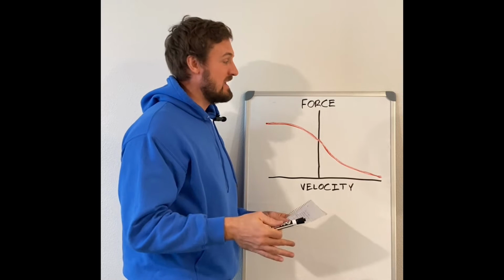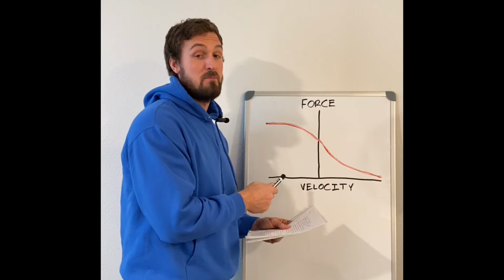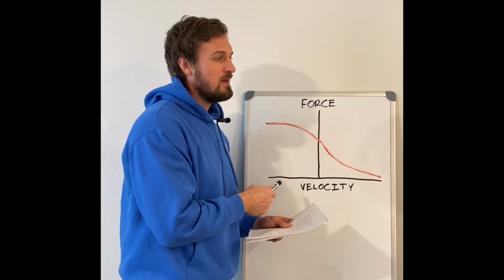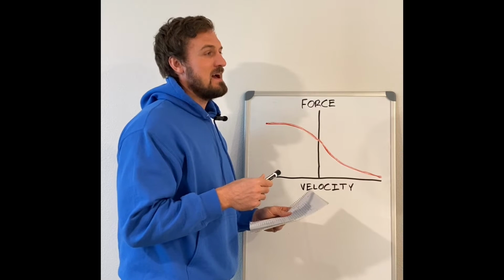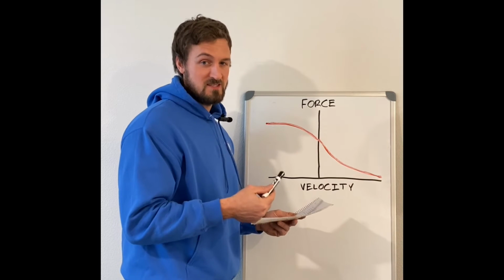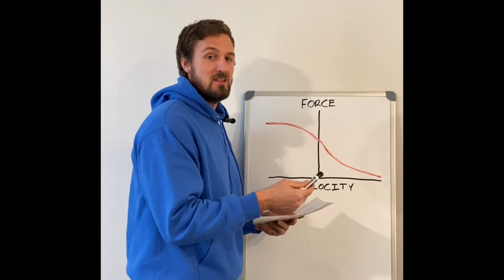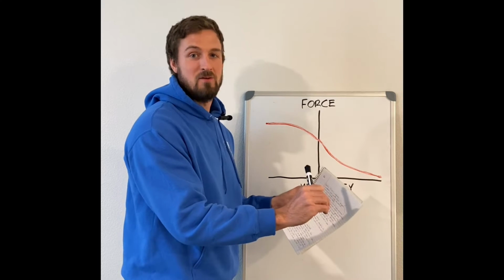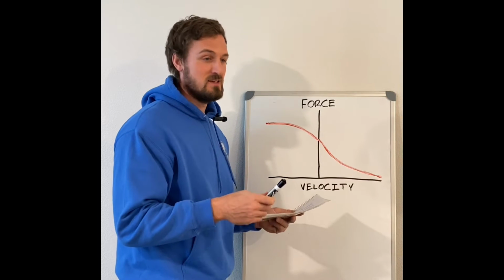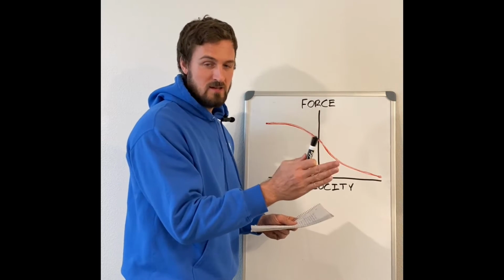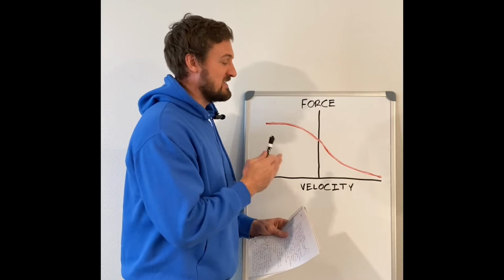Now, I've even heard it said that the force velocity curve does not apply to full body movements. And I know where people are coming from when they say that, because yeah, isokinetic testing in a lab or isolating a single muscle fiber in a lab is not the same thing as going out and playing a sport. But I think it's an overstatement to say it does not apply.